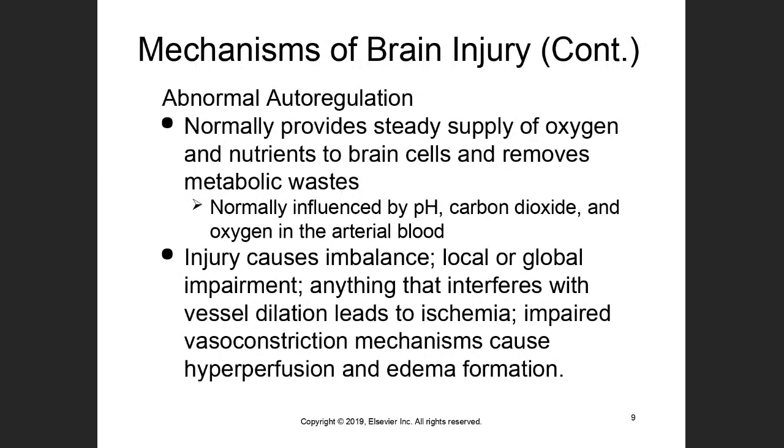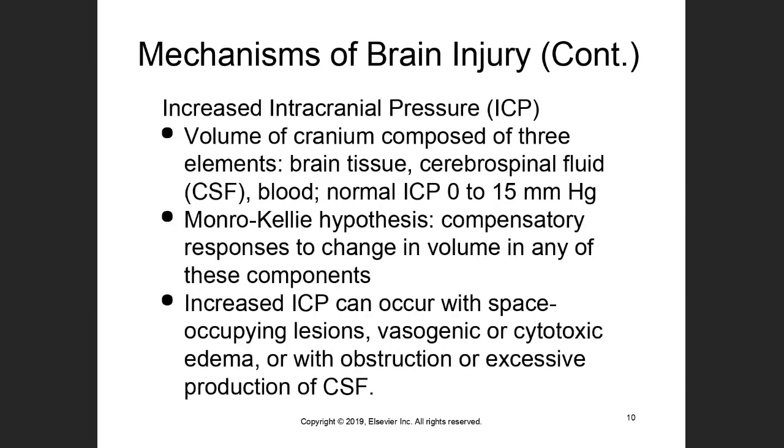Anything that interferes with vessel dilation leads to ischemia. Impaired vasoconstriction mechanisms cause hypoperfusion and edema formation. Remember that if you have vasodilation, there is blood pooling in the venous system, and that decreases the blood flow, and as a consequence you have ischemia and hypoxemia.